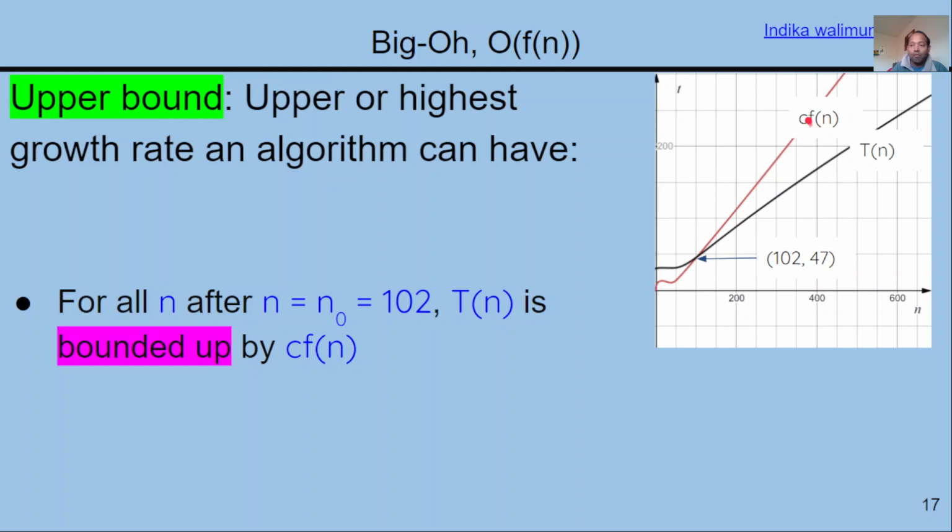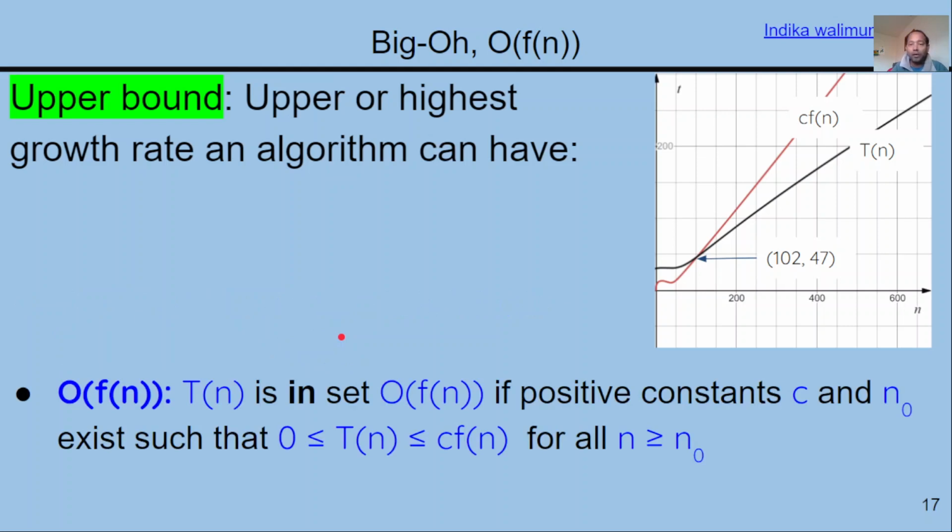So C times Fn is always on top of the function Tn. So we say Tn is bounded above by C times Fn.